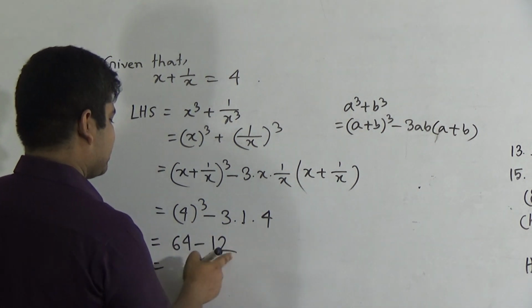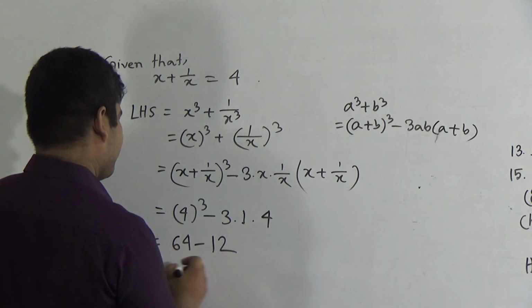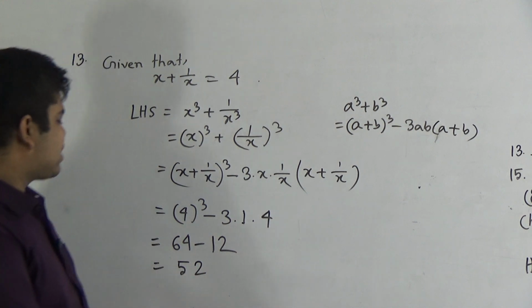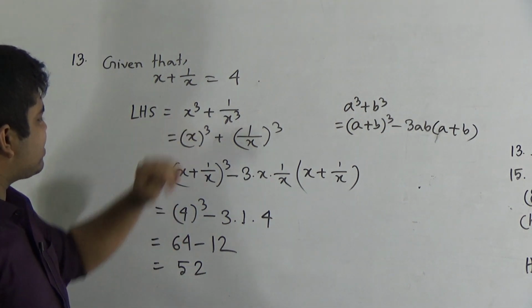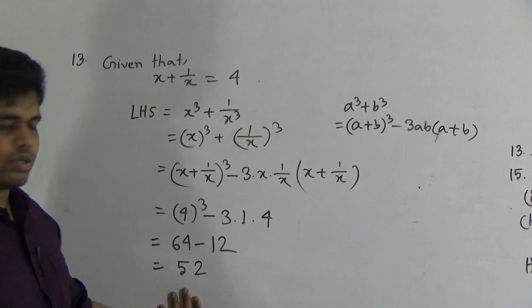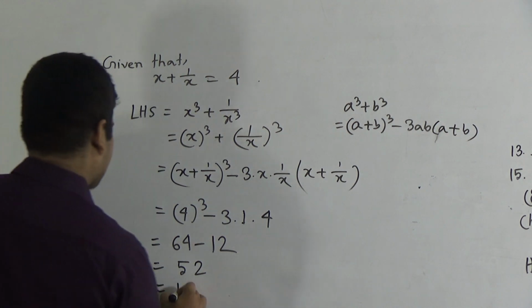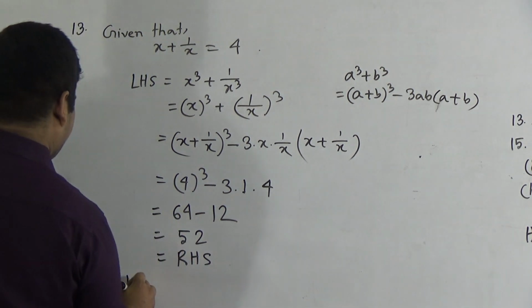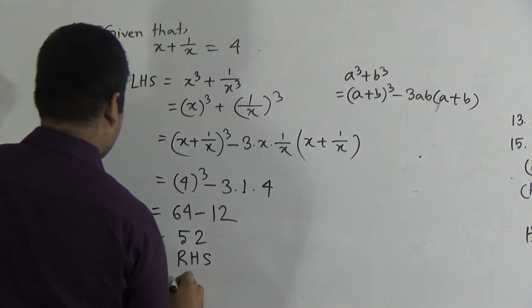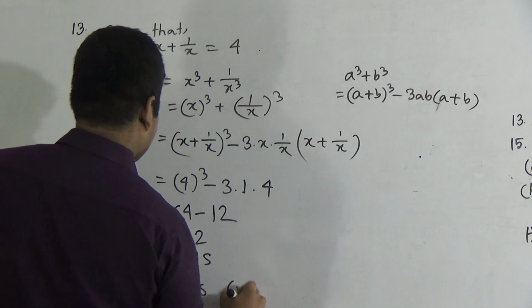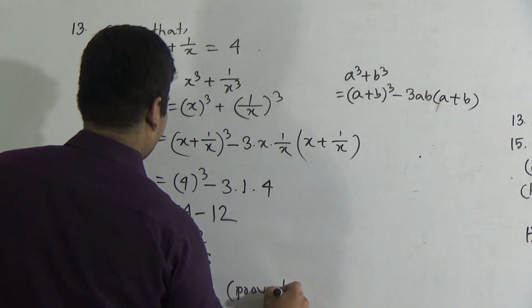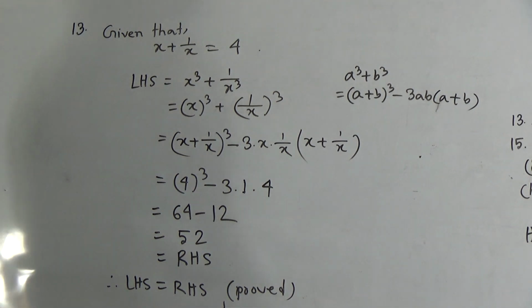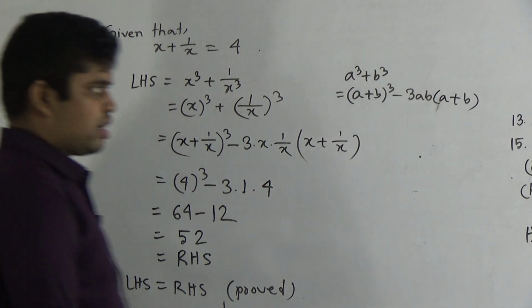Now we subtract 12 from 64, we get 52. Dear students, notice if we solve the left hand side, then we get 52, and it is the right hand side. So our proof is done. Therefore left hand side equals right hand side, proved. So this is the question number 13 solution.